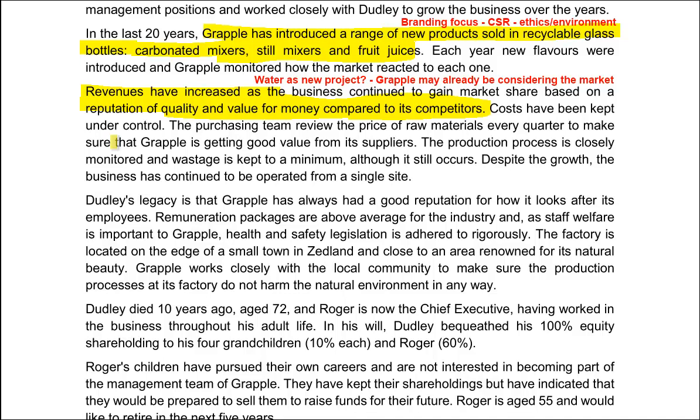So for example, for the water project we might be considering, you wouldn't see Grapple buying into or creating a brand of water that's aimed at a very niche market at the top, such as Smart Water. I don't know if you've seen that. In the UK, there is something called Smart Water.